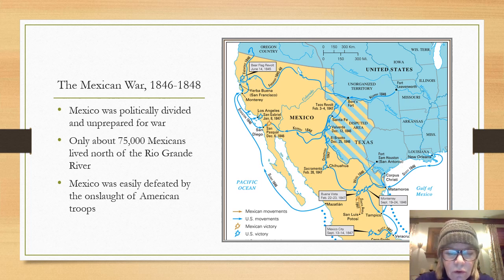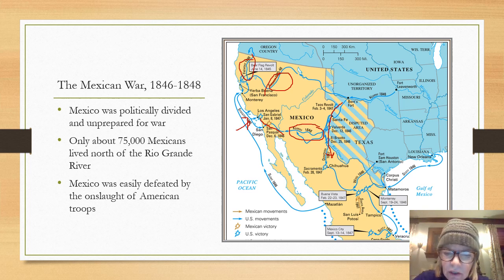If you look at Northern California right here, Fremont's forces came in from the north and also the northeast. Then Kearny's forces came from the east, moving along here, eventually moving this direction. There are also forces coming in from the Pacific along the coastal areas. And then Zachary Taylor is driving down this direction, and some other people as well.